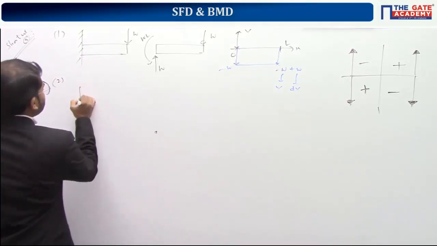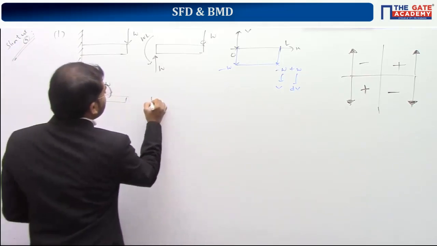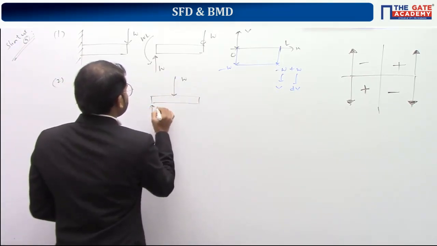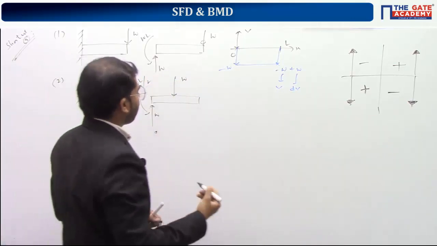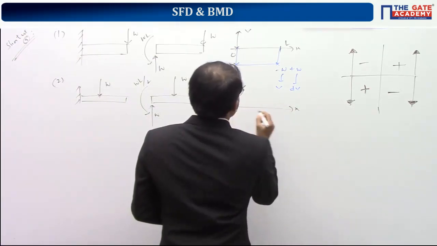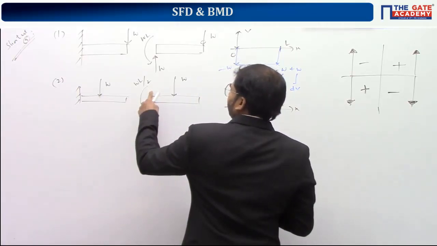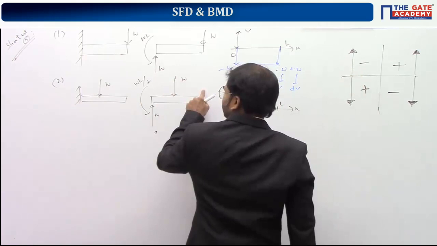Point loads example, that is cantilever beam with point load in the middle. So with the point load acting in the middle, it is like this. It is X, it is 0, it is L. So from here to here, if you draw left side to right side, we will follow these arrow marks.